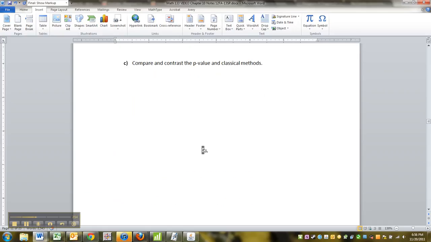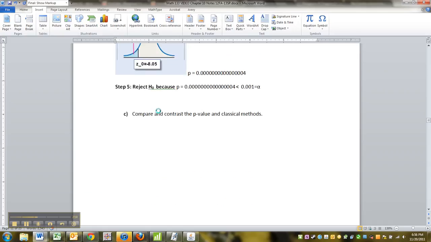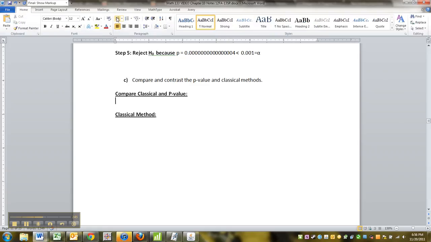I don't, but whatever. Now I want to compare and contrast the classical and p-value methods for just a second. So classical method, let's do one thing about here. When we compare them, we're looking for the similarities, right? Okay, so some similarities. One, if you reject with one method, you're going to reject with the other, and vice versa.